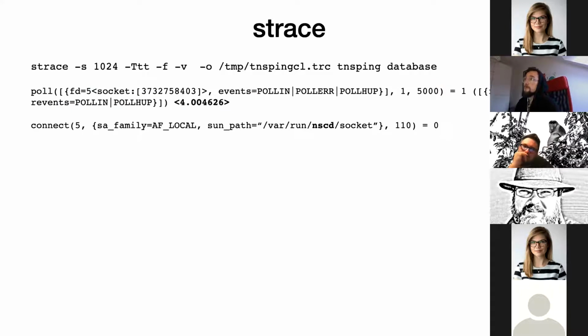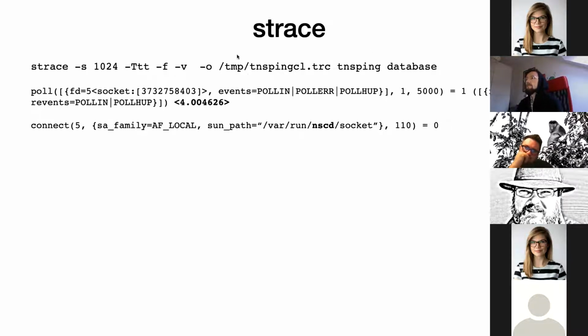So we did strace for the process, which showed us a little more information about what was happening. We were doing strace on TNS ping to the database using the fork switch, so we were also tracing the child processes running whenever TNS ping was running.